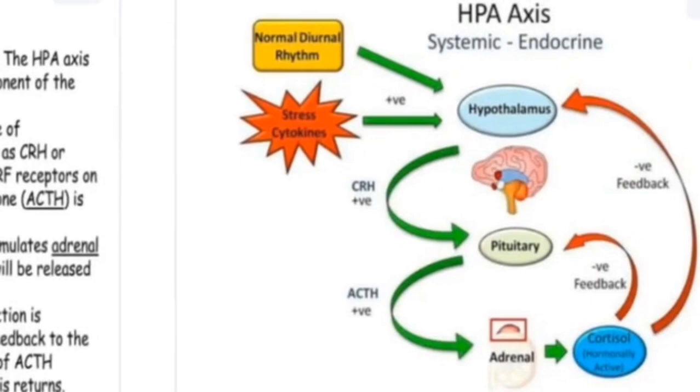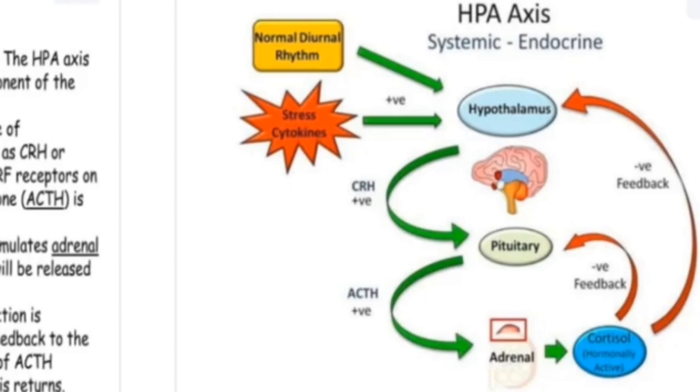When you want to explain the HPA axis, first thing is that you will draw this chart: the hypothalamus, the pituitary, and the adrenal gland. Then you will show that the hypothalamus releases CRH, positive effect on the pituitary. The pituitary releases ACTH, positive effect on the adrenal gland, and then the adrenal gland releases cortisol.